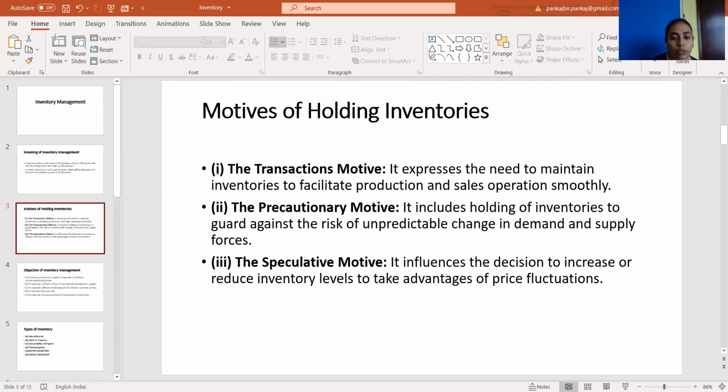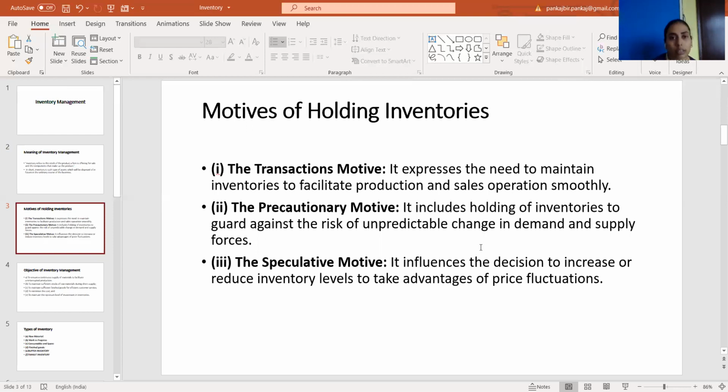Now we move on to the second motive, which is known as the precautionary motive. As the name suggests, the precautionary motive includes holding inventory to guard against the risk of unpredictable change in demand and supply forces.